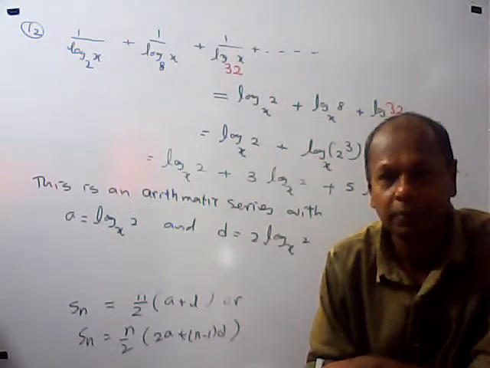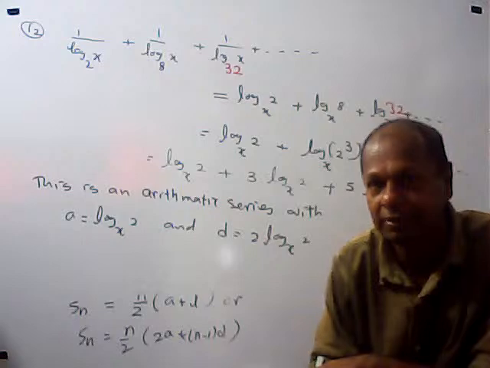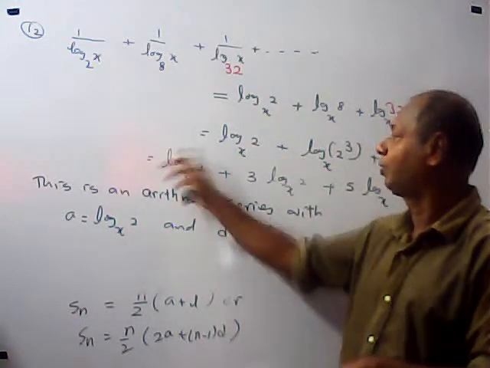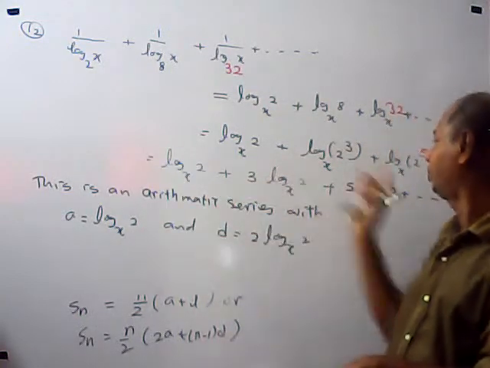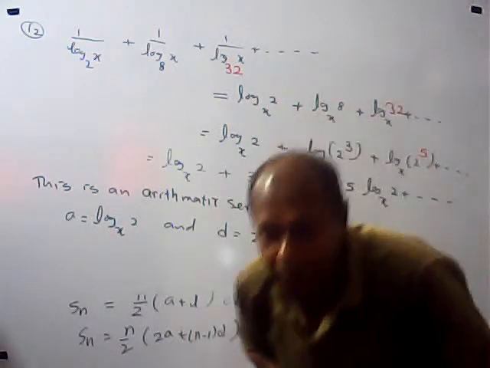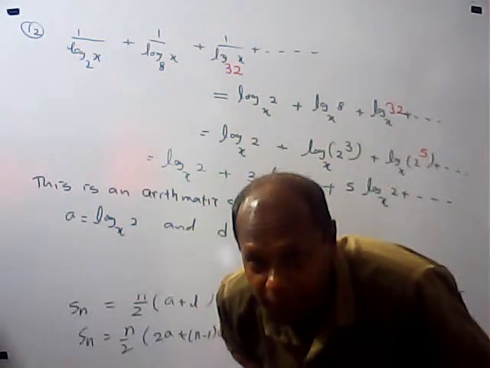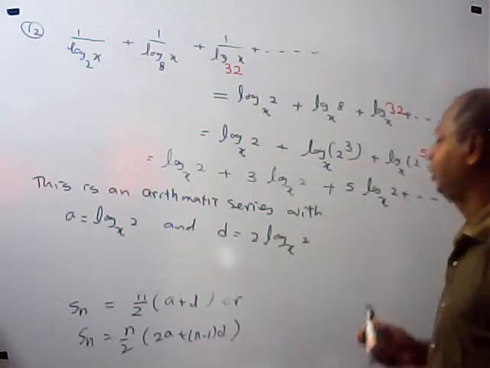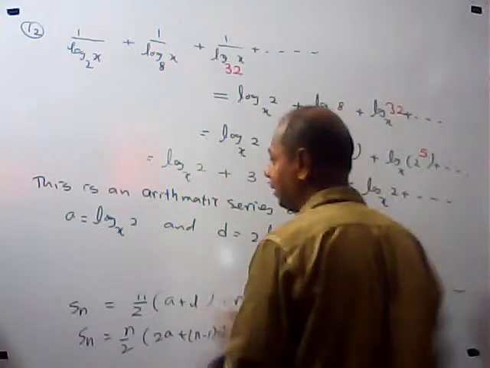Got it now? This is an arithmetic series. It looks like y plus 3y plus 5y, then 7y, 9y, right? Right, Sandali. Then find the sum of the 10 terms.